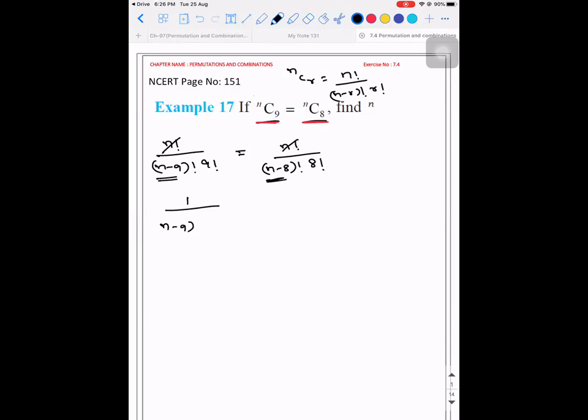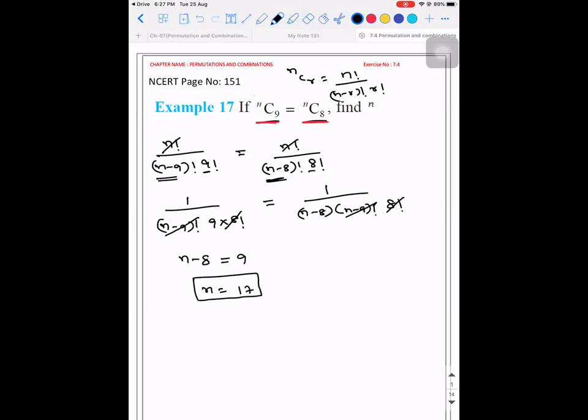So it is (n minus 9) factorial. Out of 9 and 8, obviously 9 is bigger. So 9 into 8 factorial is equal to 1 divided by (n minus 8) into (n minus 9) factorial into 8 factorial. So 8 factorial is gone, (n minus 9) factorial is gone. So n minus 8 is equal to 9.